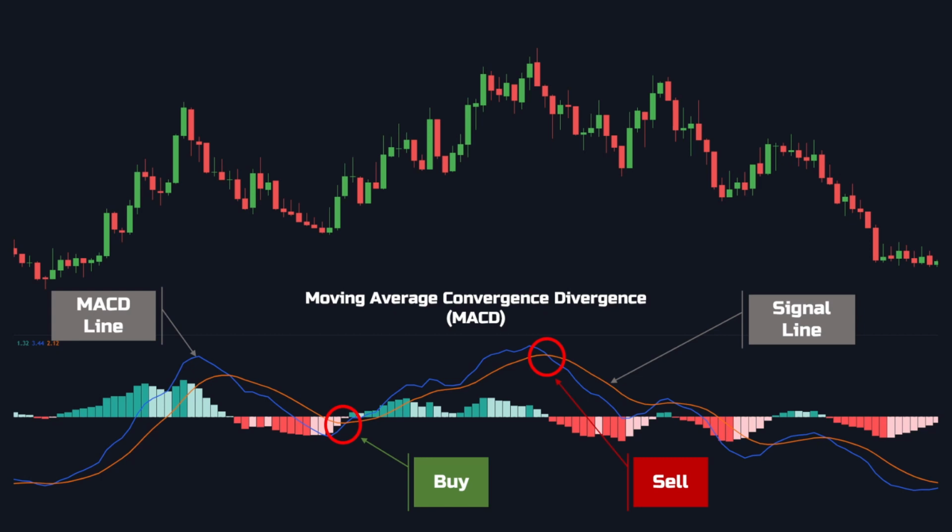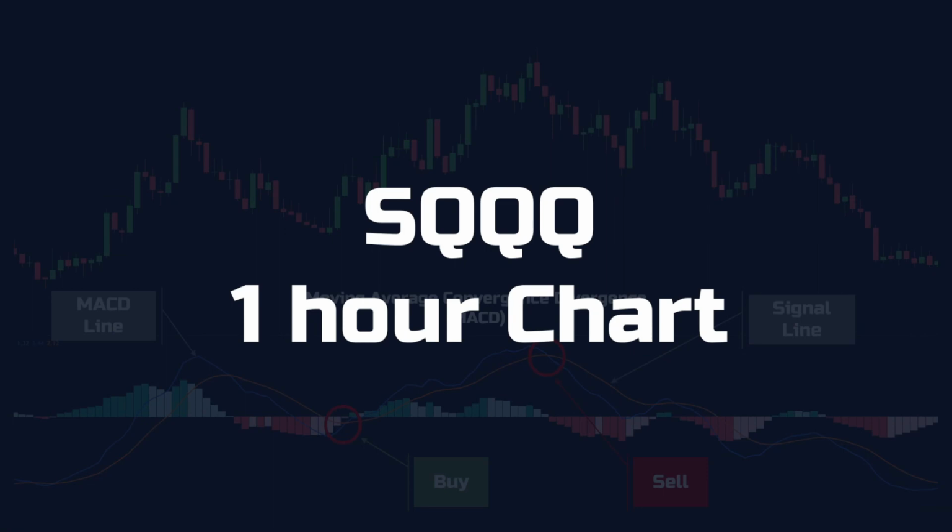Now, let's script this simple MACD strategy and see how it performs. We will check the performance on SQQQ on the 1-hour chart.